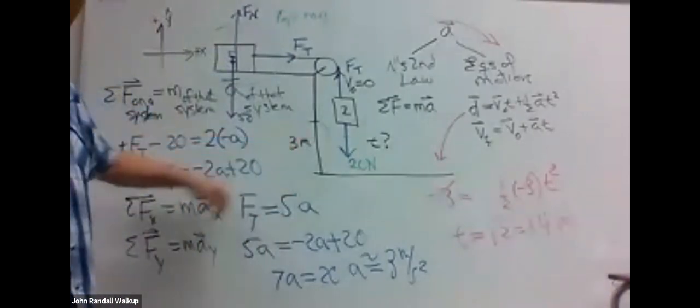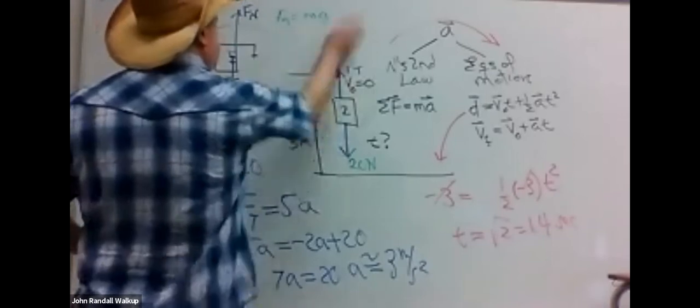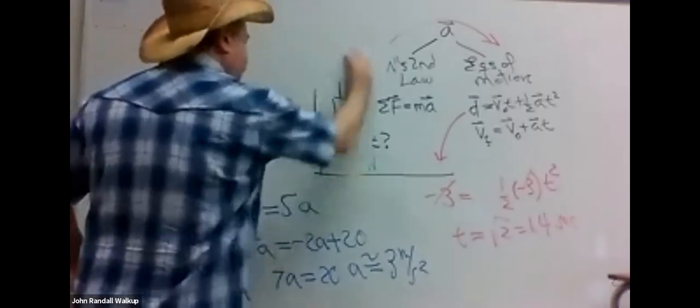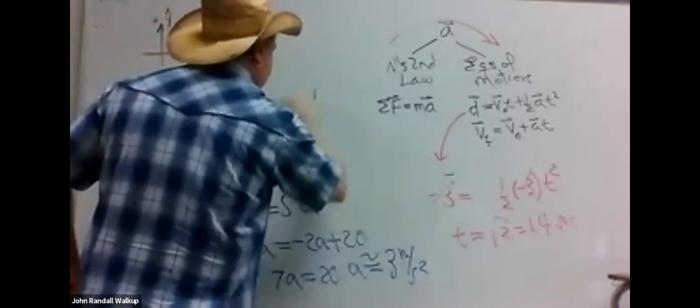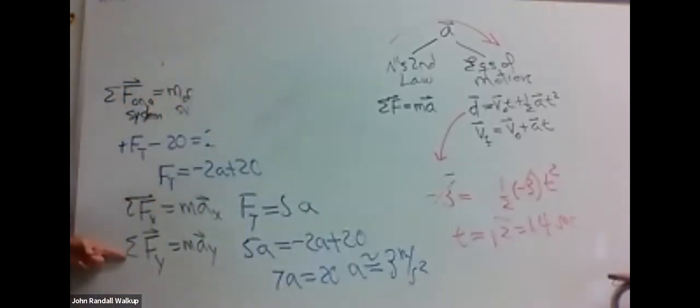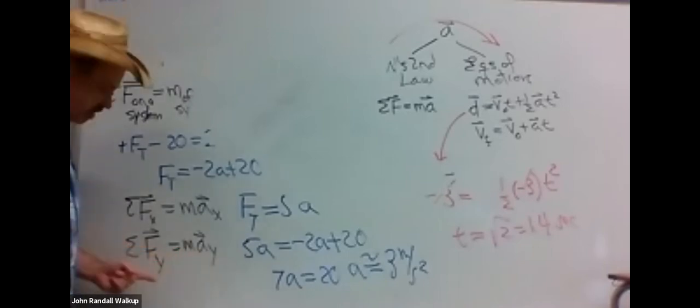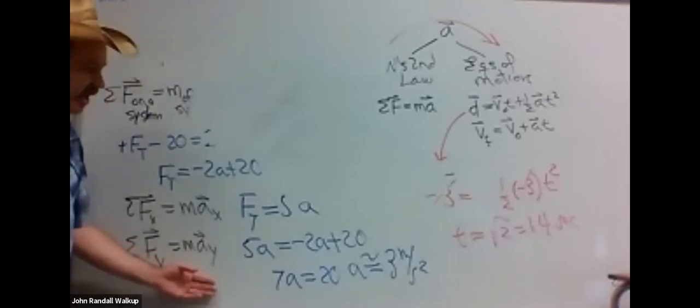Okay, the two-body problem. Now, what kind of variations can come around on this? Well, oh, by the way, I didn't mention, I had vector sum of the forces on the y equal to mass times acceleration. I never actually did vector sum of the forces on the y. It turns out I didn't need it.